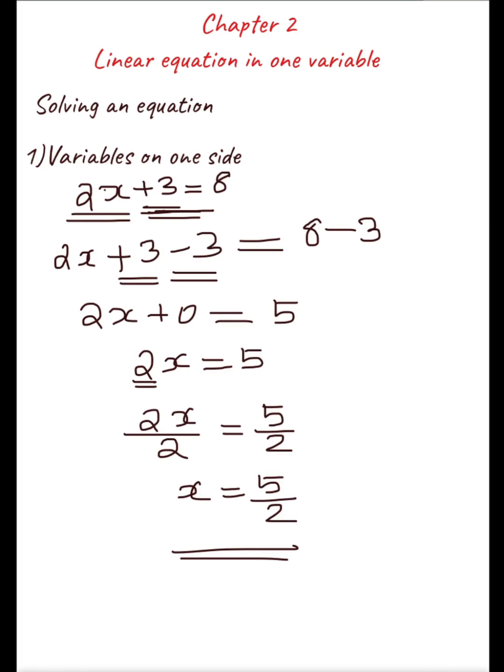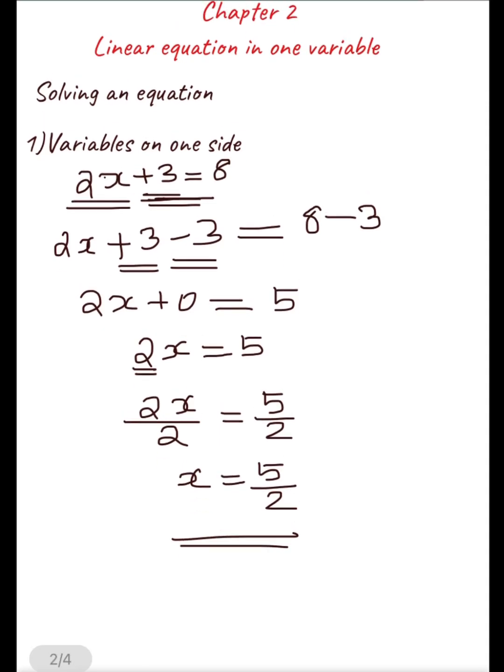What you have done here: first you subtracted 3 from both sides, and then in this step you divided both sides by 2, and you finally got the answer 5/2. These same steps can be done in another way also.